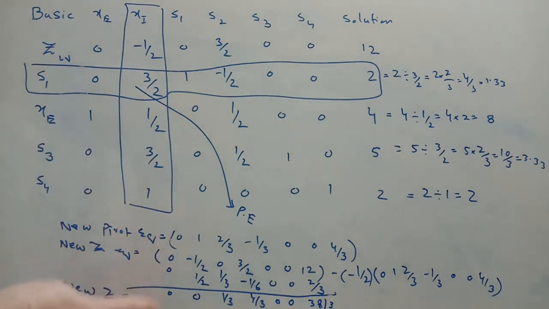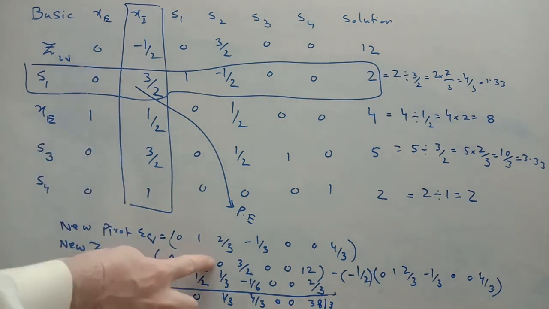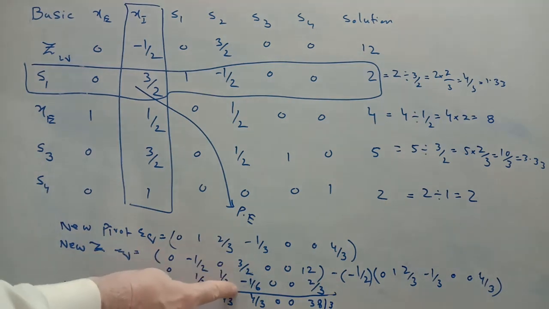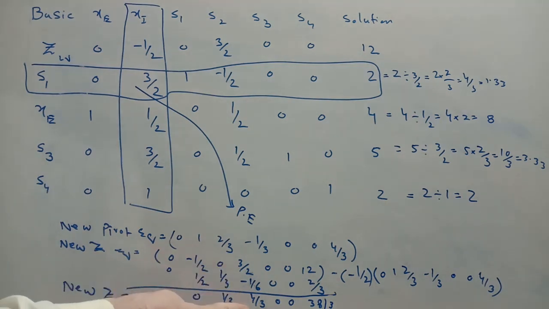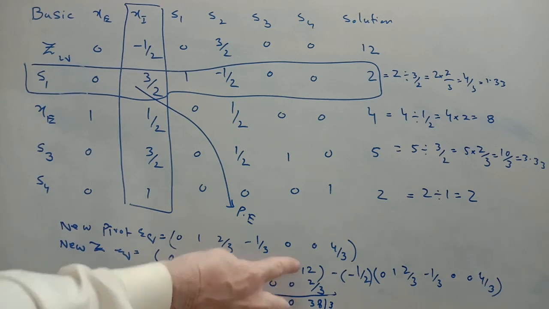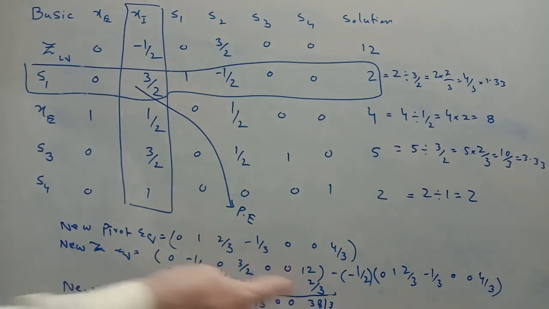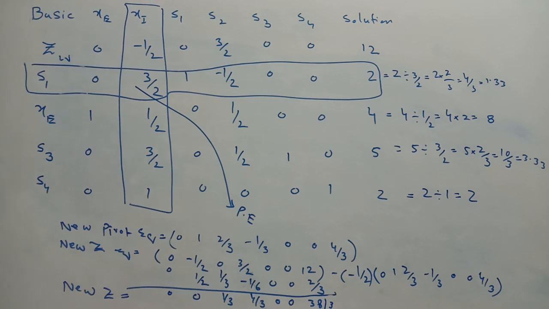Now simplify: this will be 0, this will be 0, this will be 1/3, 3/2 minus 1/6 will be 4/3, 0, 0, and 12 plus 2/3 will be 38/3. So this is how you are finding out the new z equation.